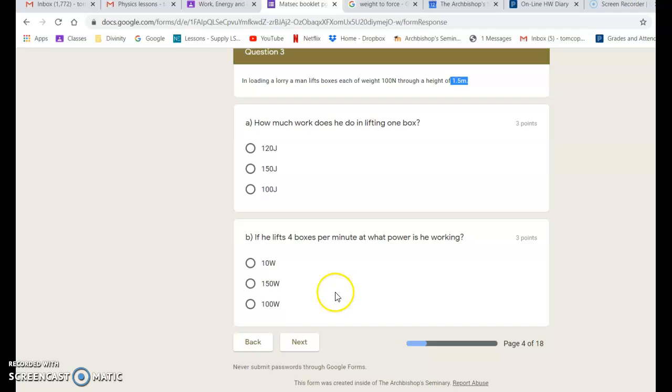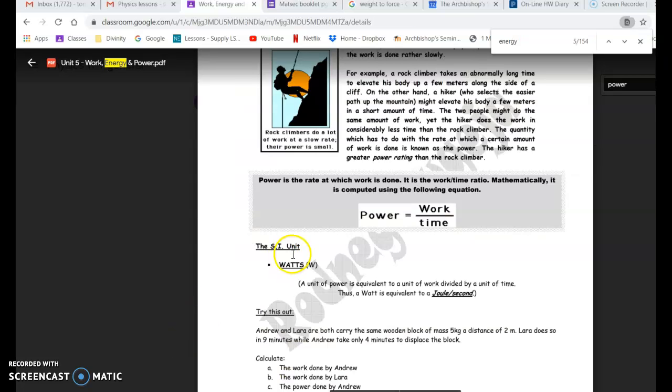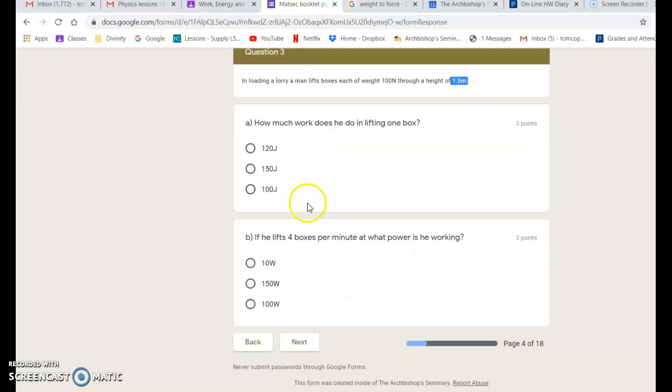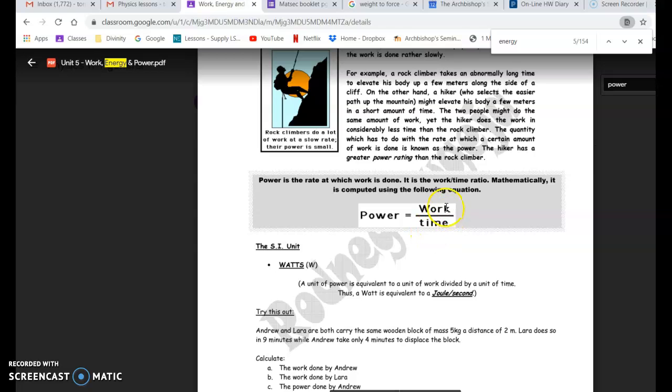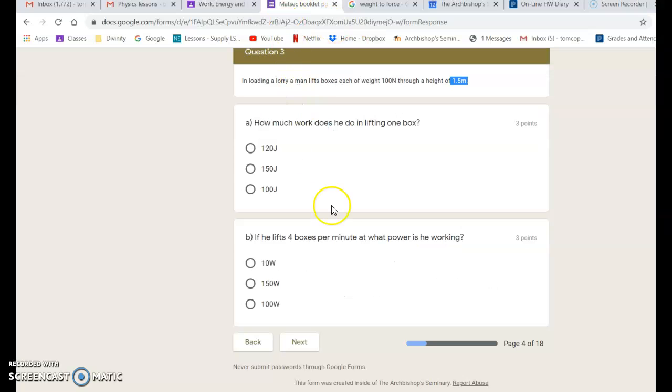Now, if he lifts 4 boxes per minute, at what power is he working? Now we know that power is equal to work all over time. To find the work done, we know that work done equals force times distance.